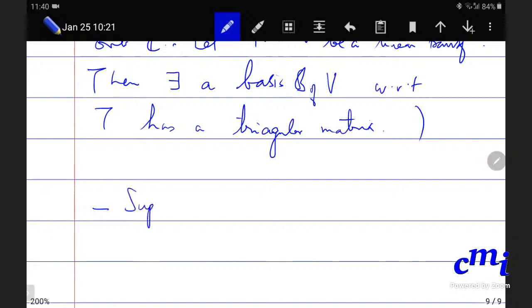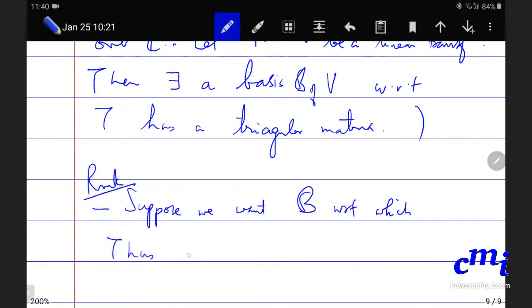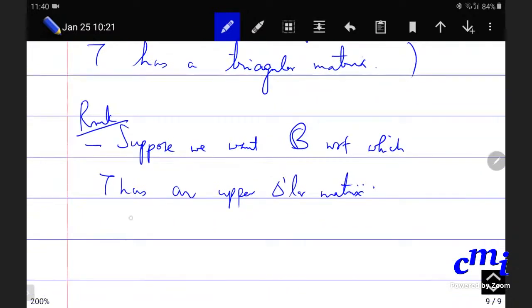This is just a remark. Suppose we want B with respect to which T has an upper triangular matrix.